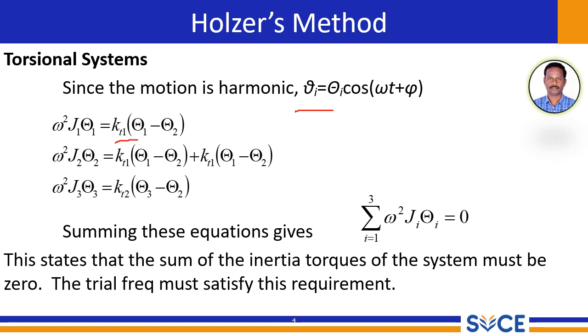So everything will get cancelled out. That's why the summation of ω²Jθ will be equal to 0. This states that the sum of the inertia torques of the system must be 0. The trial frequency must satisfy this requirement.